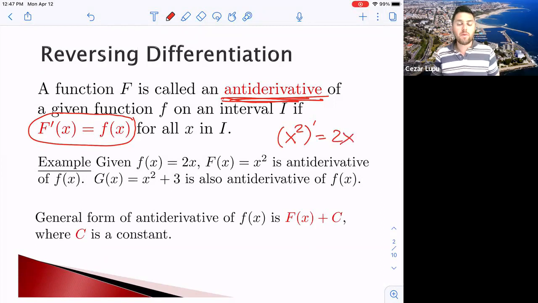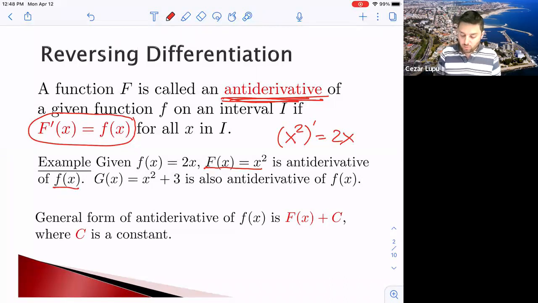Great. But now the question is: is the antiderivative unique? You see, this is an antiderivative of f, because it has the property that capital F prime of x is f of x. Well, great. But what if I consider capital G of x to be equal to x squared plus 3?